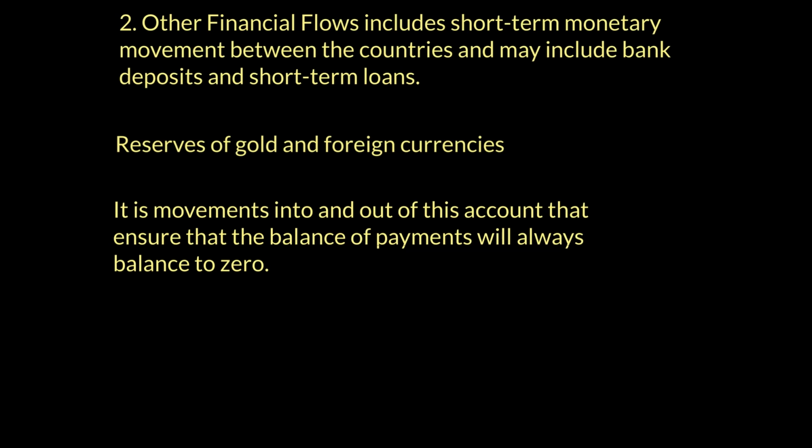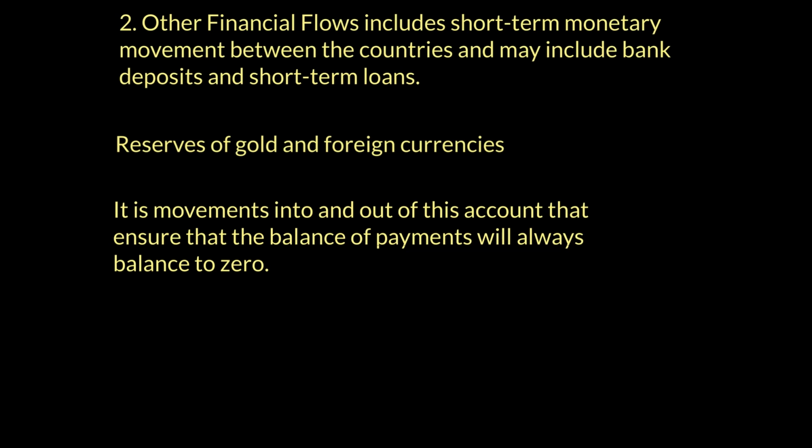Sometimes reserves will go up in the case of a surplus, but in the case of a deficit, the official reserve account will go down and the balance of payment will come back to zero. One last thing we want to talk about: we've said that the current account plus capital account plus financial account should balance to zero, but there are sometimes mistakes. Why? Because sometimes some payments are delayed, sometimes some payments are not properly accounted for, and so forth.